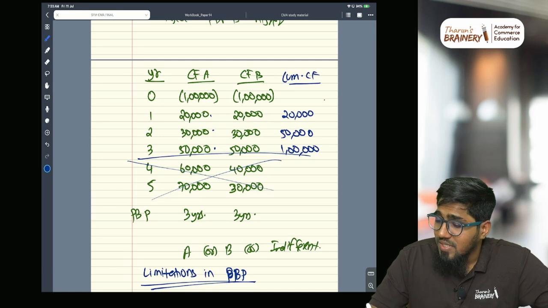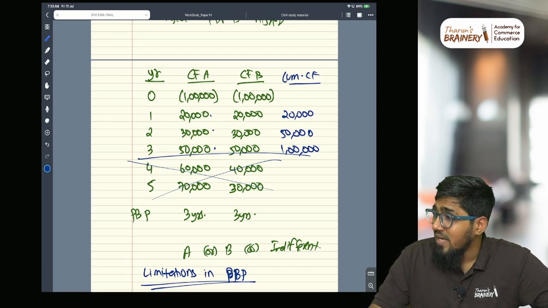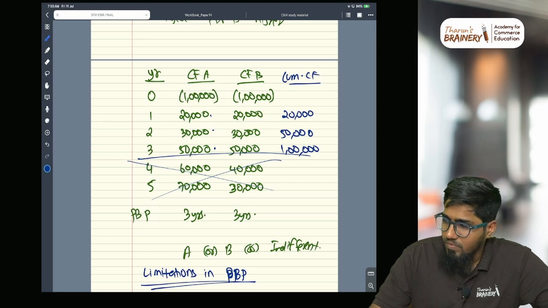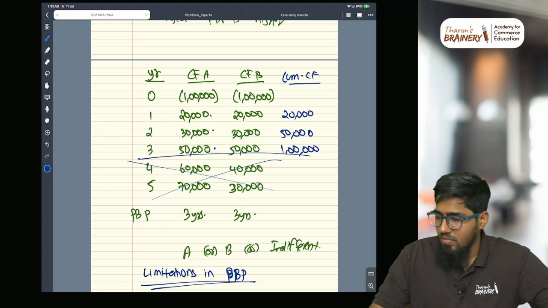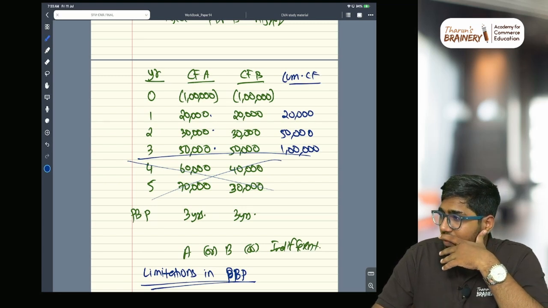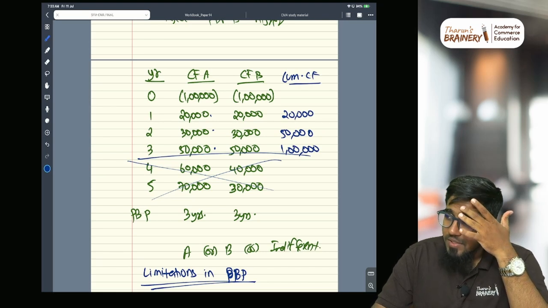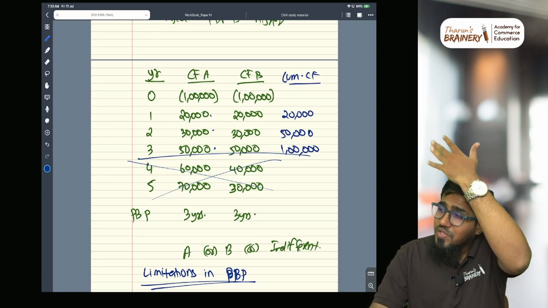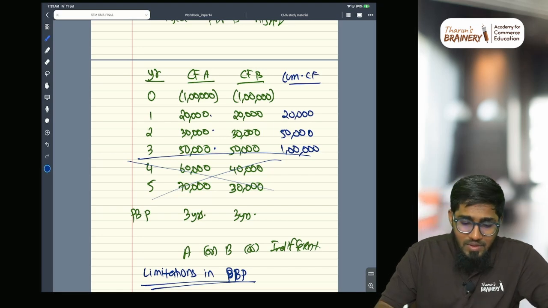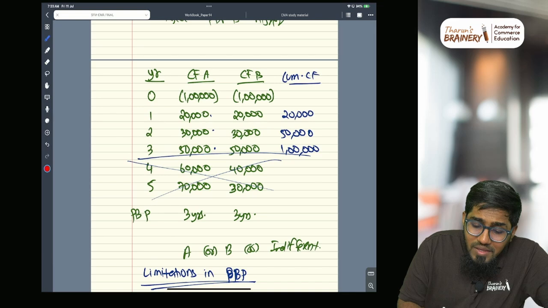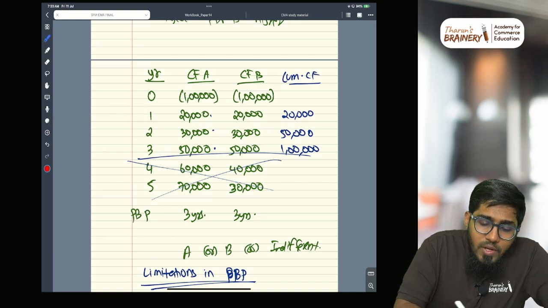Now, is this correct? Just say yes or no. You guys are telling yes. Now understand, just yesterday I taught you, year 1 cash flow and year 2 cash flow cannot be added.